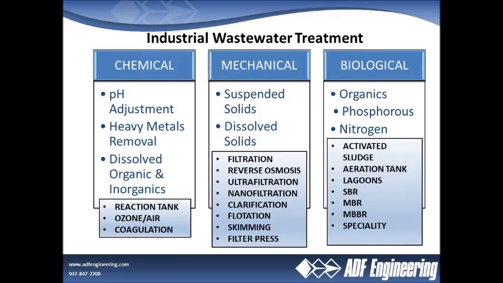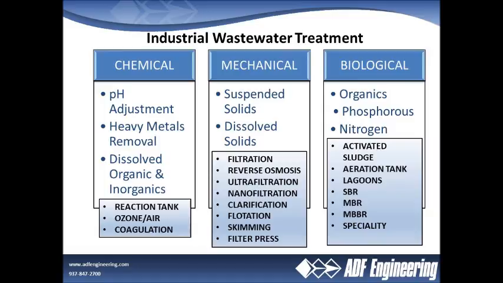So same way, when we look at the wastewater side of things, you can broadly categorize wastewater treatment into 3 different types. It's either chemical, mechanical, or biological means of treating wastewater.